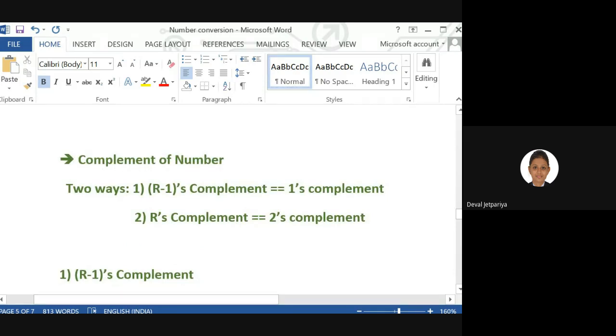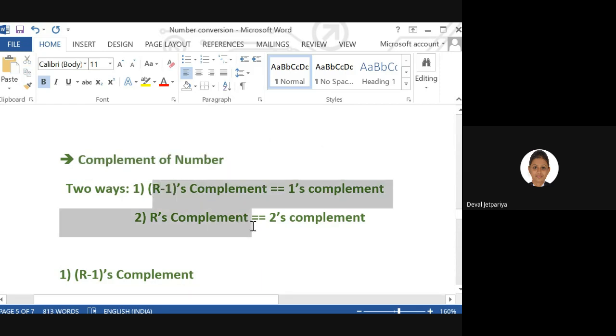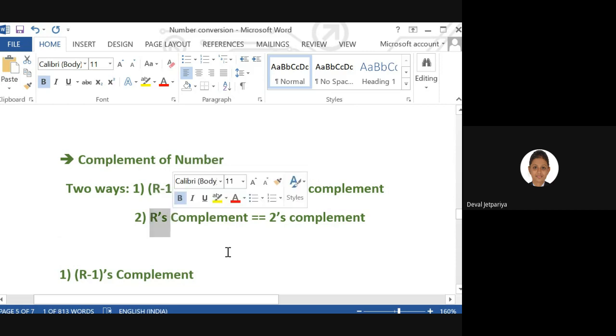Okay. Now see, the next small topic is again complement of numbers. So how are we able to find the complement? For complement, we can use two types: one is r minus 1's complement and one is r's complement, where r is nothing but the base value.